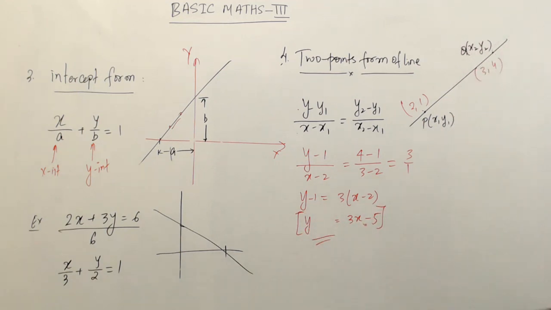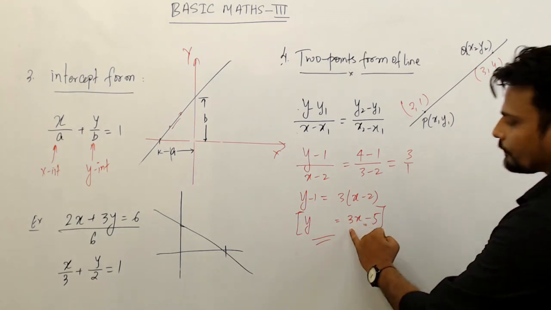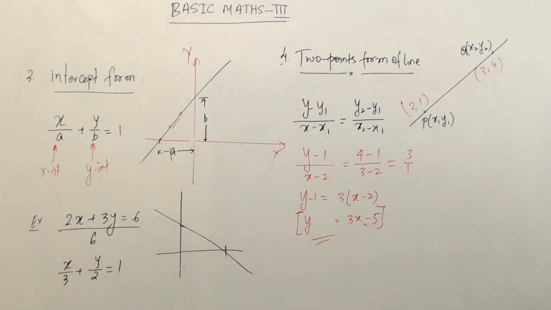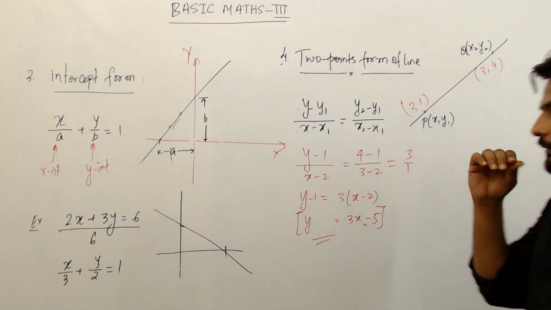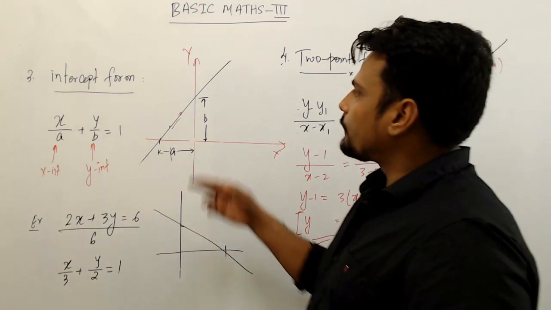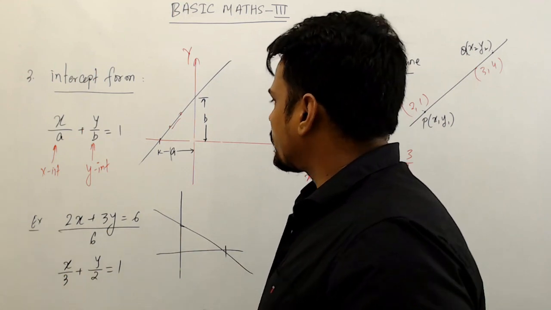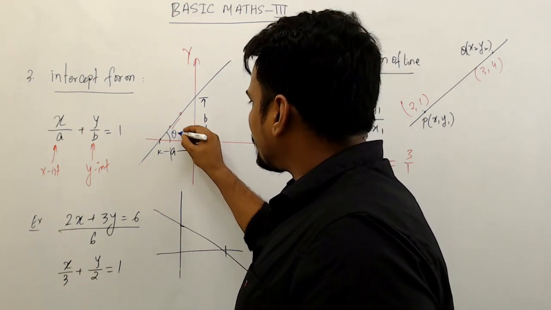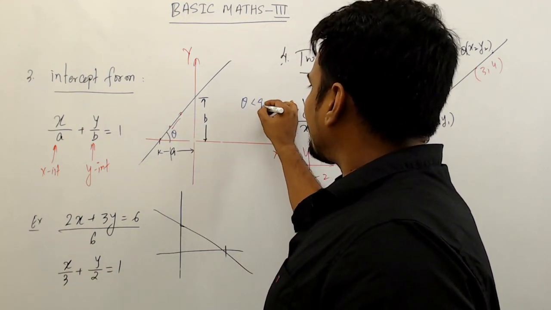If I want to draw it, I can easily understand that the slope is a positive value, 3. It's a positive slope. Okay, let me add one more thing, my dear, on how to understand when the slope is positive and when we can say the slope is negative. I'm going to take the help of these two diagrams. If I look at this angle theta, I'm sure theta is going to be an acute angle.